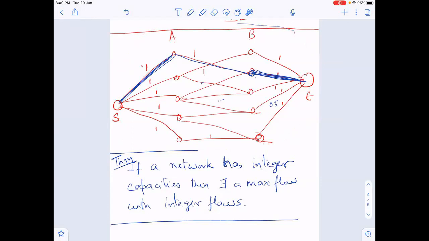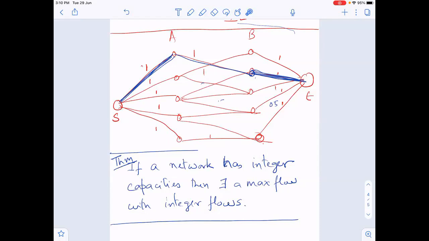On the other hand, if there exists a matching of size t, say this is a matching, in that case, I can always send from S to all of those vertices that are matched in A, and an edge from those vertices that are matched in B, and use the matching edges to pass t amount of flow from S to T.